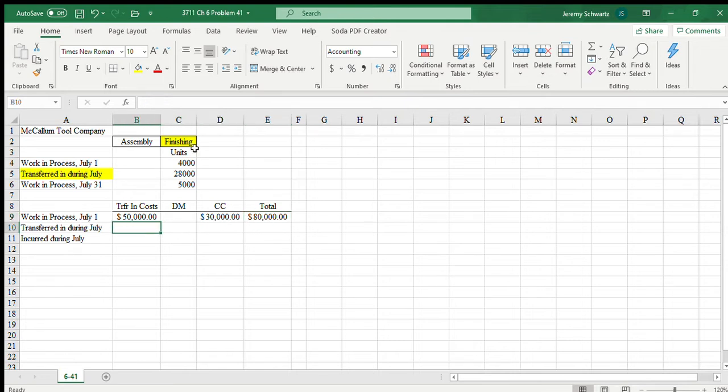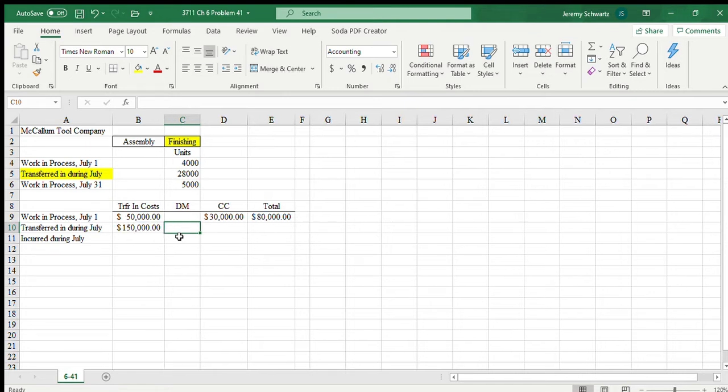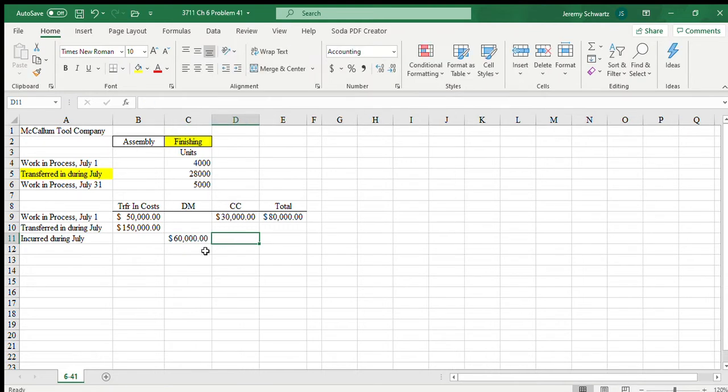And during the month, where we had 28,000 units that were transferred in from assembly, we had $150,000 of cost coming in from assembly, and then we had direct material costs added of 60,000 and conversion costs added of 110,000.